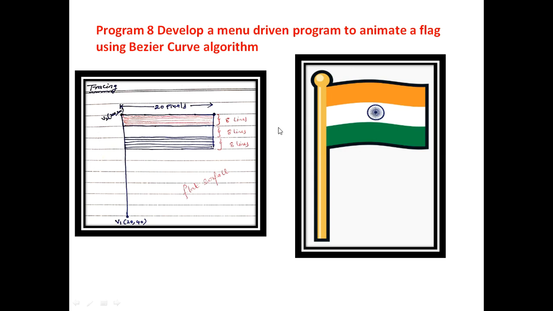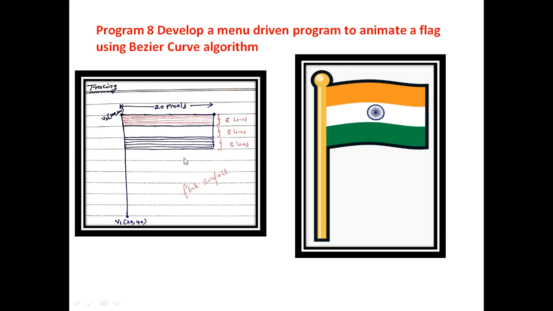We are creating one flag that contains three different colors: orange, white, and green, and one pole.